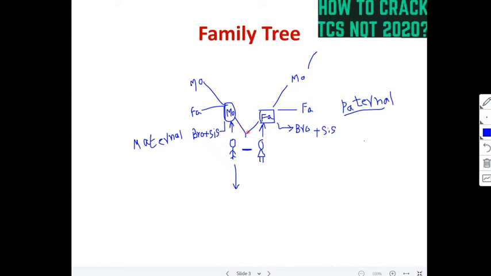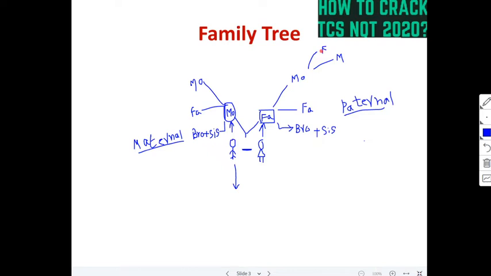So whichever relationship comes via father, we add paternal, and whichever comes via mother, we call it maternal: maternal grandmother and maternal grandfather. Okay, fine. And suppose we have father and mother here. This is the third generation. This is zeroth generation, first generation, second generation, third generation.